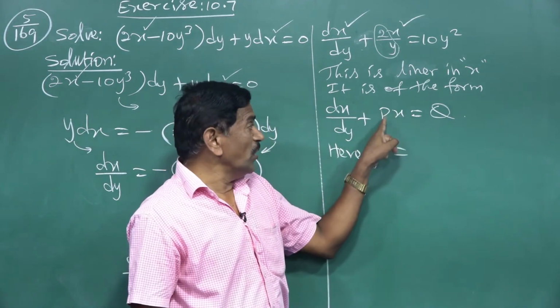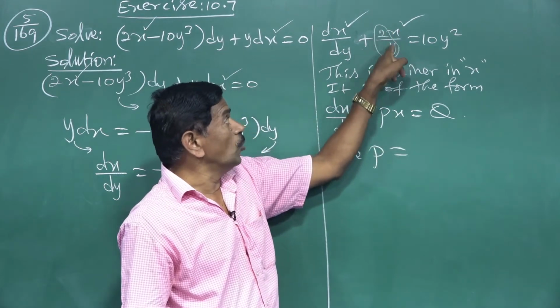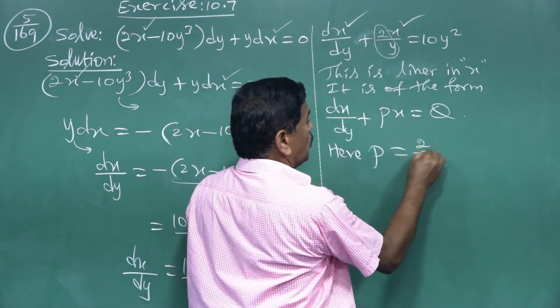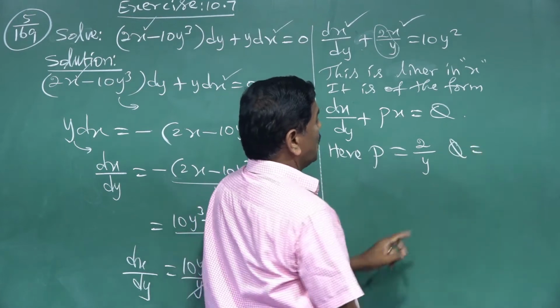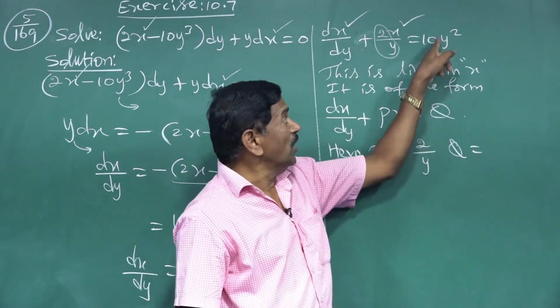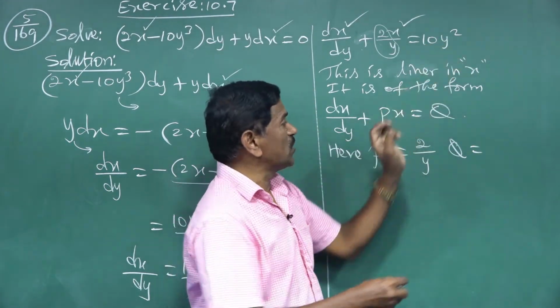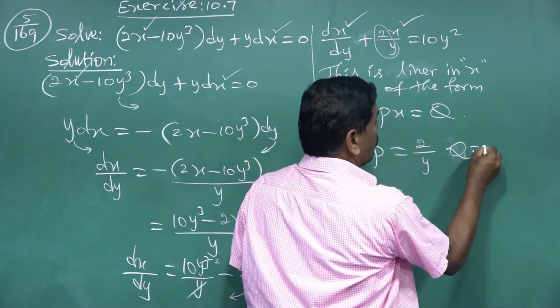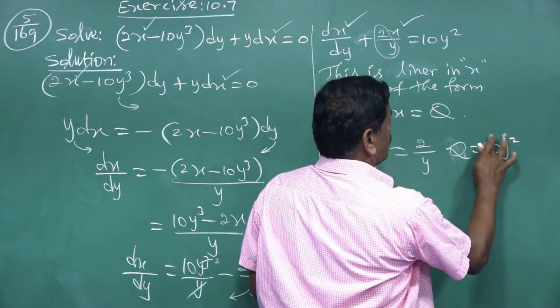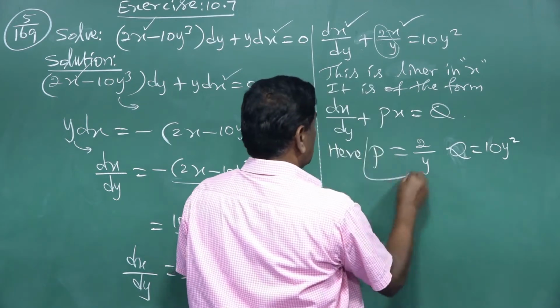Yes, here the x coefficient is 2/y, so P is equal to 2/y, and Q is equal to the RHS. What is the RHS? Yes, 10y², so Q is equal to 10y². Box it.